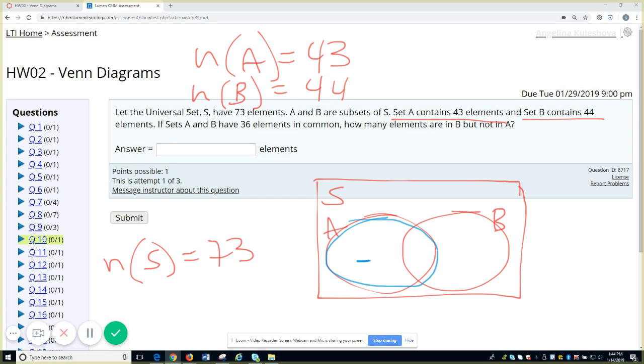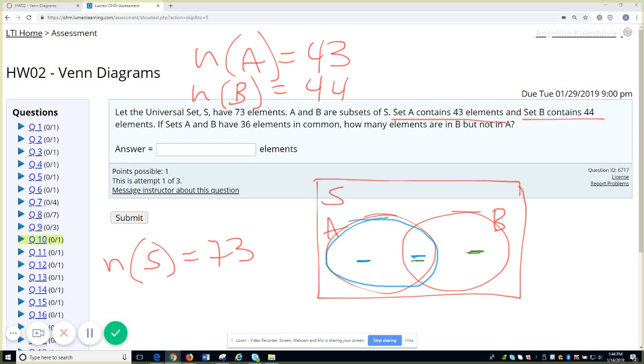So there are some elements that are just in A, and then some elements that are in A as well as B. The total of those two types of elements would be 43. Same thing for B. We have some elements that are just in B, and some elements that are also in A, and the total of those would be 44.